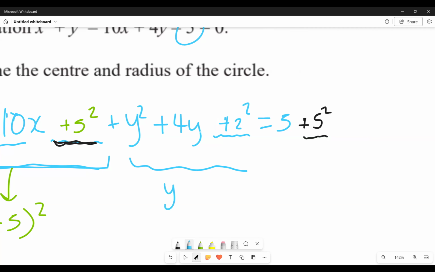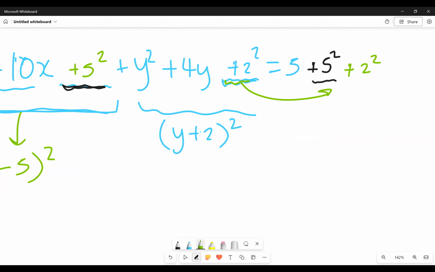In that case, you get y plus 2 all squared, right? And if we add 2 here, we need to do the same on this side. So that becomes plus 2 squared. Cool. So now the right-hand side becomes 34.